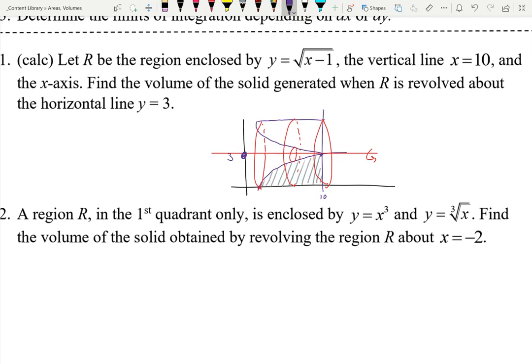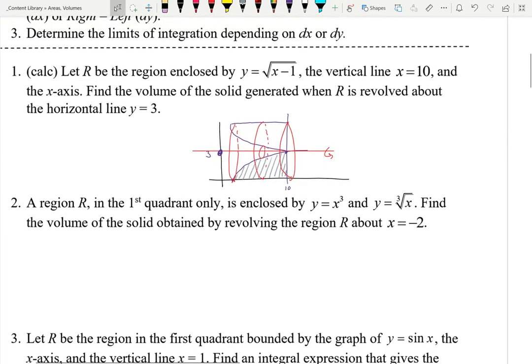So recall that when we have washers, we're going to use the volume formula: pi times the integral of outer radius squared minus inner radius squared. And because we're rotating not around the x-axis, but around an axis that is parallel to the x-axis, my thickness is going to be in the x direction, and therefore my integral is going to be an integral with respect to x.